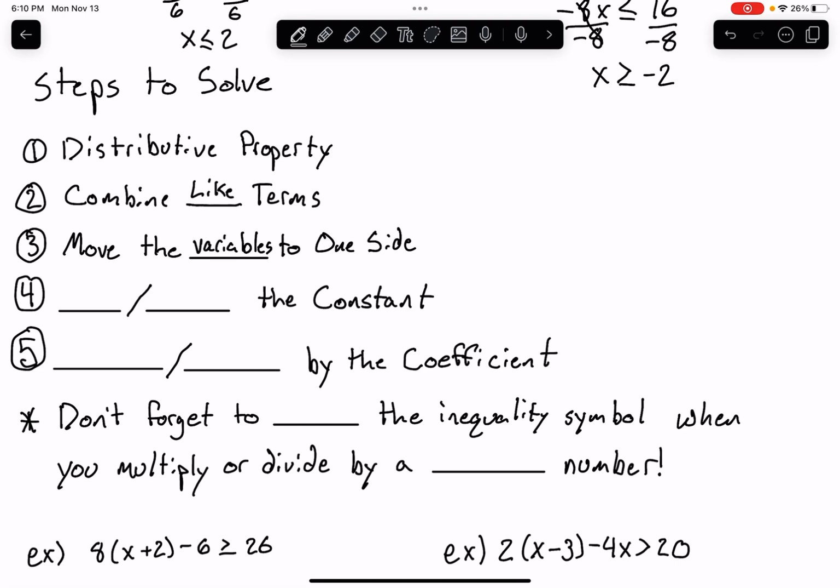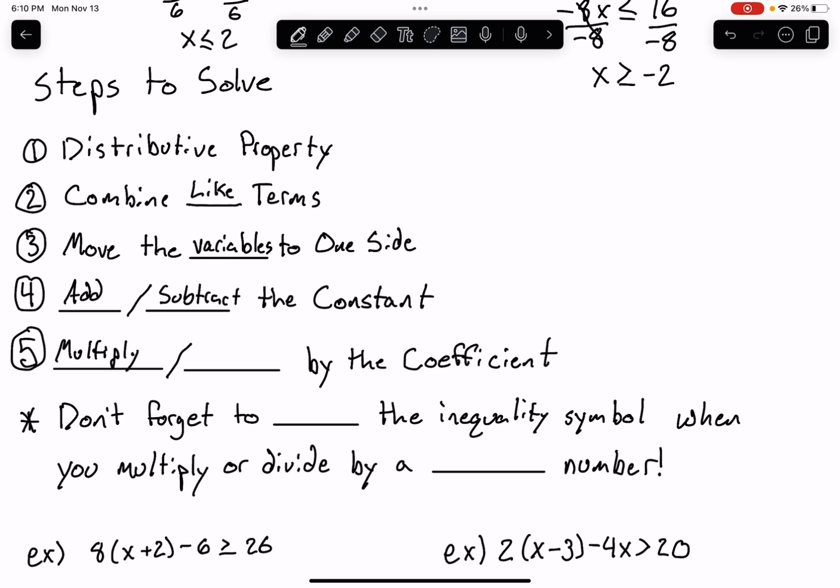Number 4, we're going to add or subtract the constant, so the number without a variable. Whatever you do to one side, you have to do to the other side of the inequality. Same thing for equations.